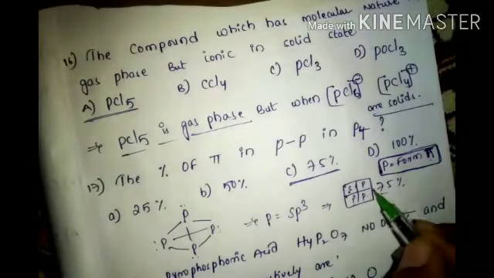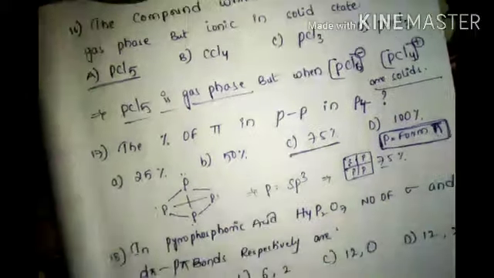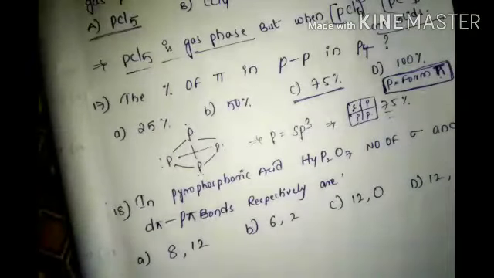So the pi character is 75. Pi character is 75. Yeah.